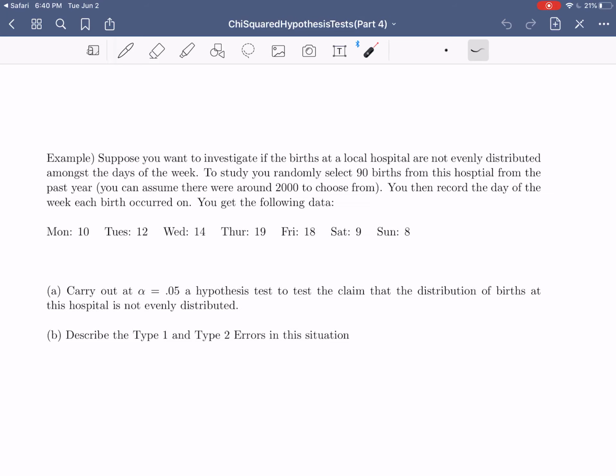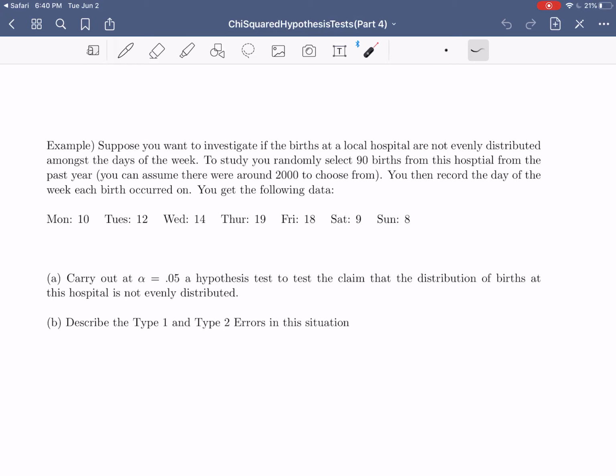What we're going to be doing is investigating the distribution of days on which births occurred at a hospital. The reason this is a famous example is that for a while there was an investigation across many hospitals in the US about whether doctors were inducing labors on days like Thursday and Friday to avoid being on call for a possible birth over the weekend.